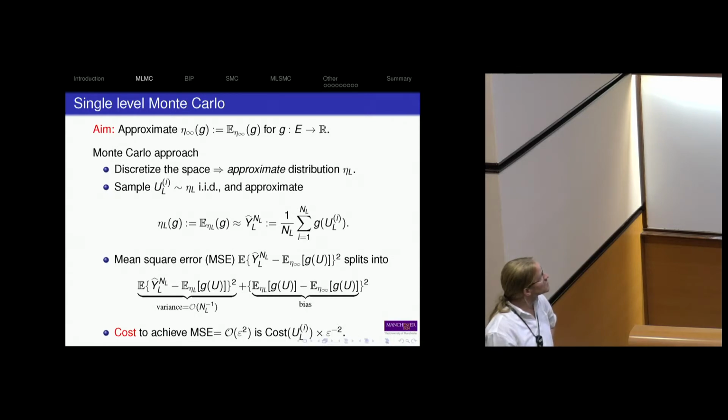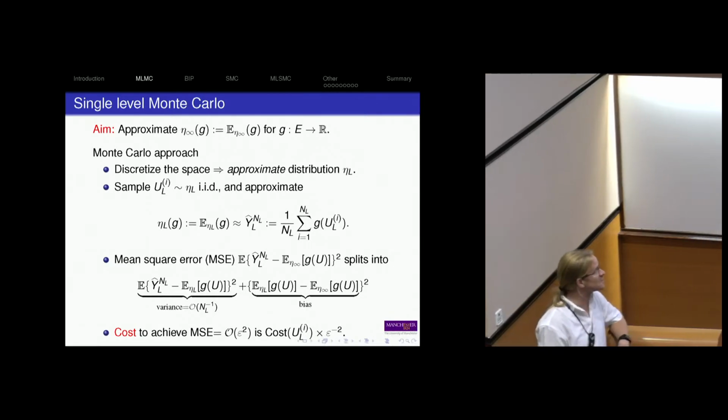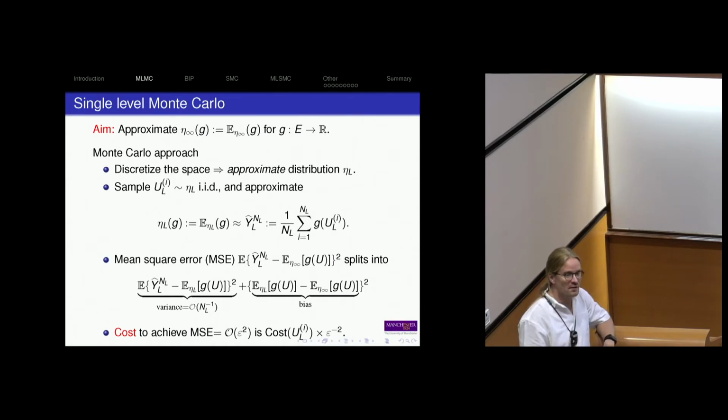So if we want to achieve, for example, a mean square error of size epsilon squared, then the cost is going to be the cost to obtain a size epsilon bias times epsilon to the minus 2. So we're going to have to take basically epsilon to the minus 2 number of samples, and each sample is going to incur this highest level of cost.